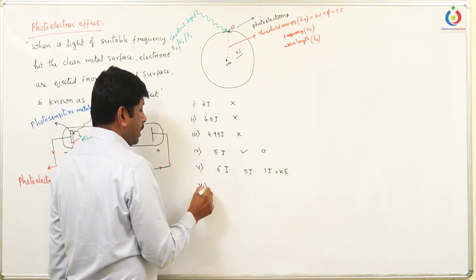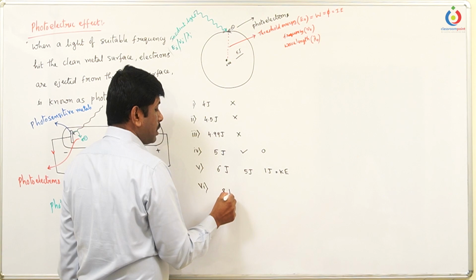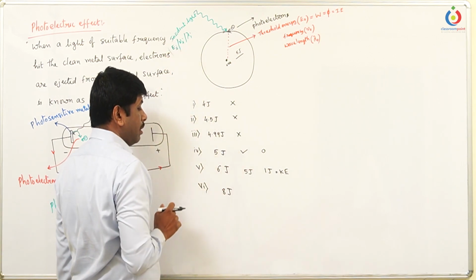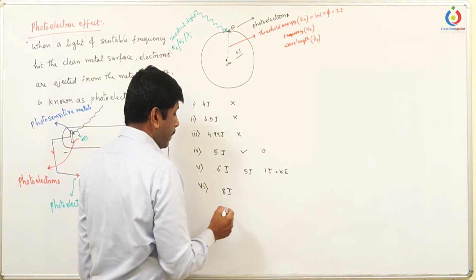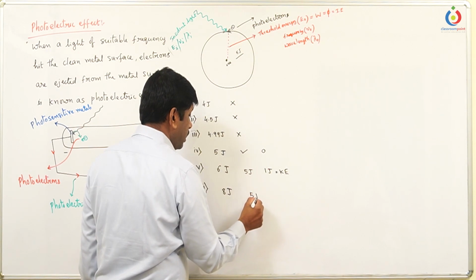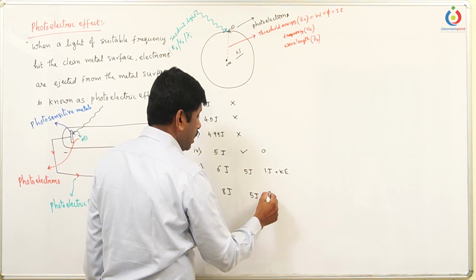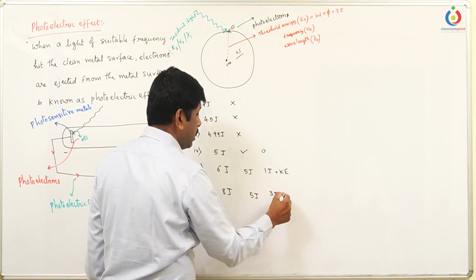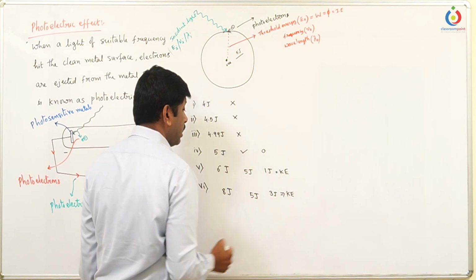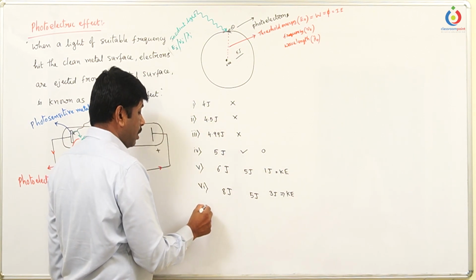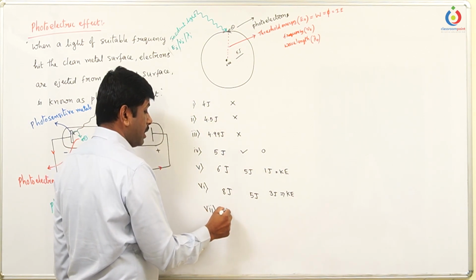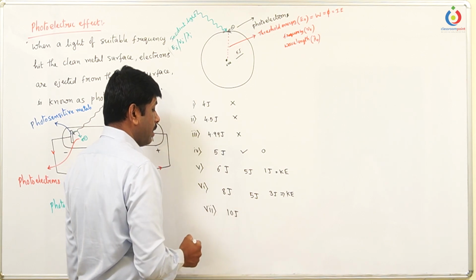Now let us take another case. If 8 joules of incident energy is given, again 5 joules of energy is used by the electron to overcome the nucleus attraction power. The remaining 3 joules helps in increasing the kinetic energy of the electron. Now one more case, 10 joules of energy is given.